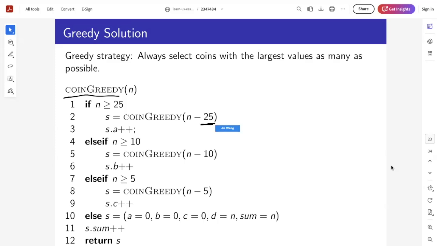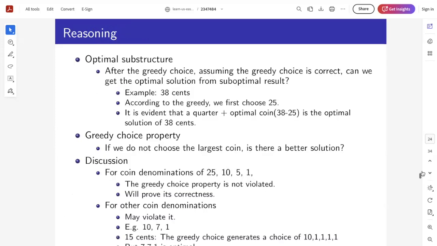So increase A by 1 and repeat. So this is a new n minus 25. Repeat means we check to see if it is still greater than or equal to 25. If it still is, we subtract 25. Otherwise, we move to the next one. Then finally, we add them up. That will be our solution. A greedy choice.